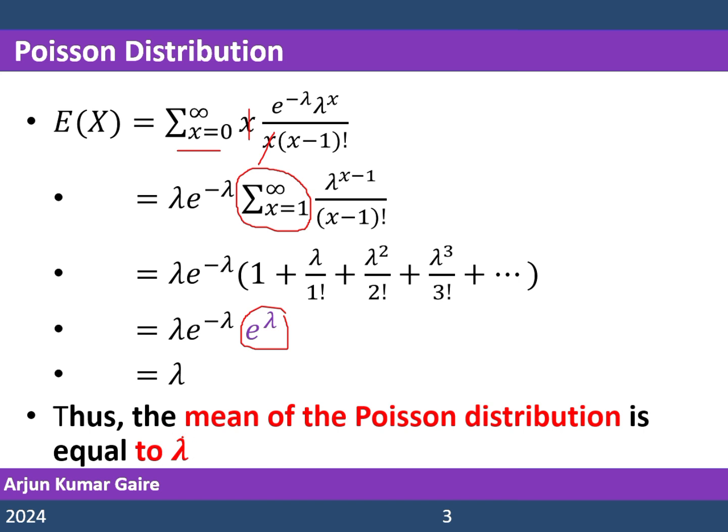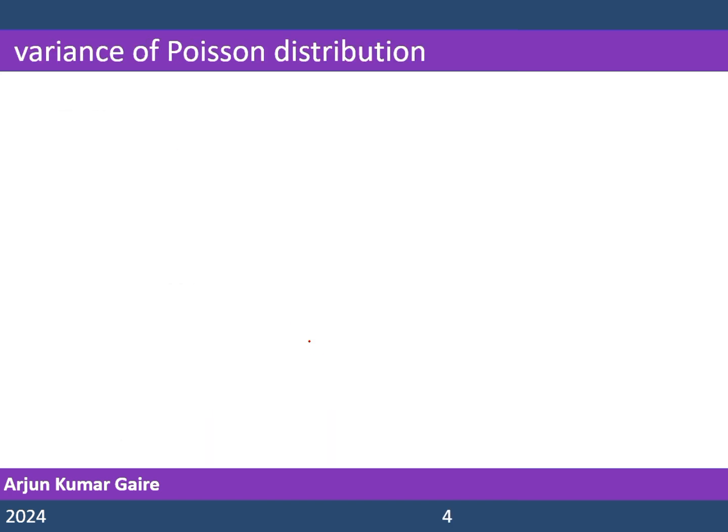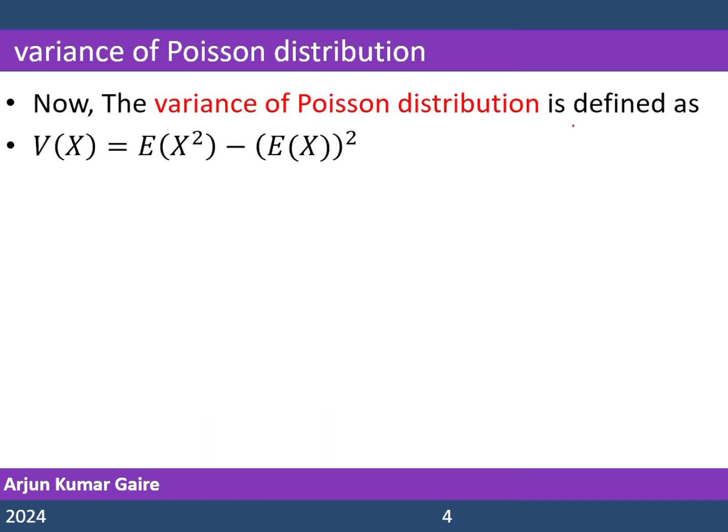Therefore lambda is the parameter of the Poisson distribution and also the mean of the Poisson distribution, and it is used to compute the probability distribution. The variance of the Poisson distribution is defined as follows: the variance is the expected value of the square of the random variable minus the square of the expected value of the random variable.